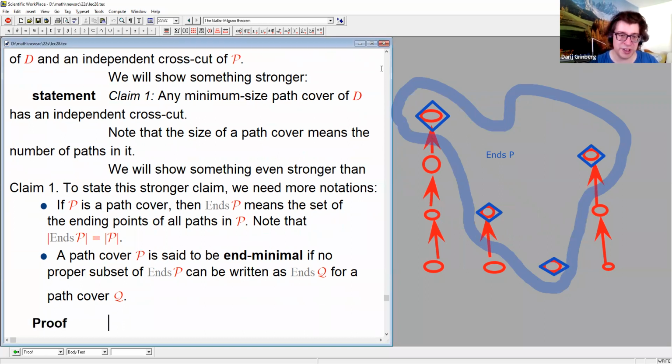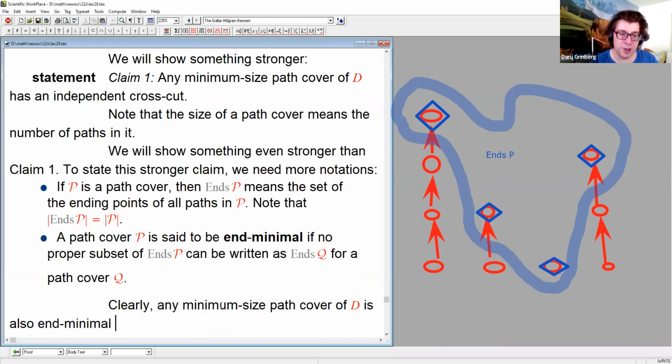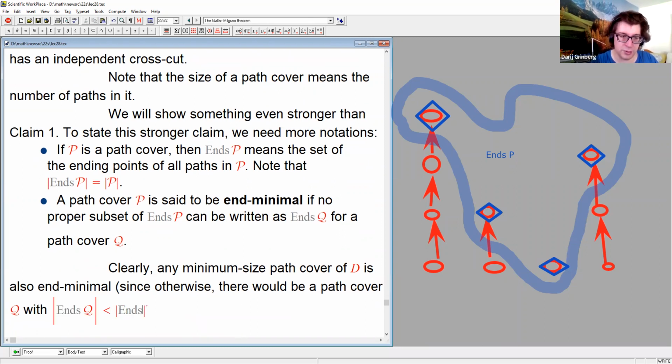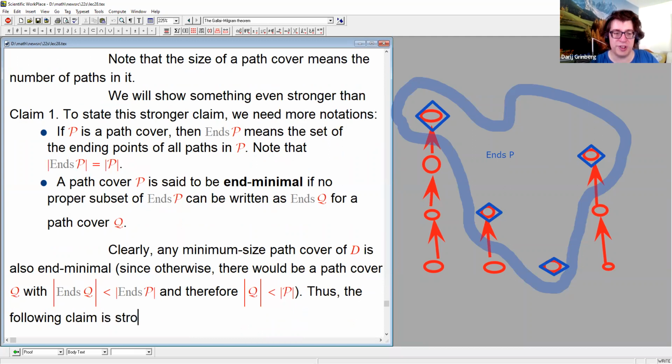So one obvious thing is that clearly any minimum size path cover of D is also end minimal, because if it wasn't end minimal, this Q would have smaller size than P. Otherwise, there would be a path cover Q with fewer ending points than P, and this means fewer paths than P. So the following claim is stronger than claim 1.